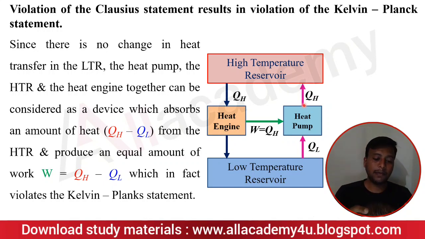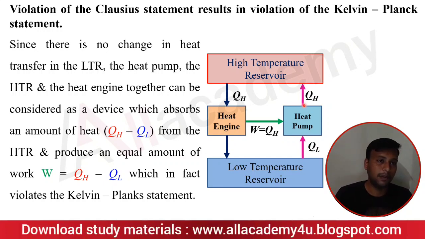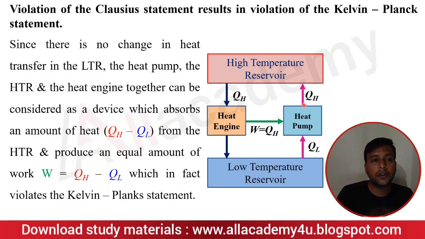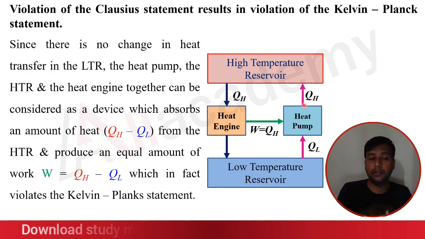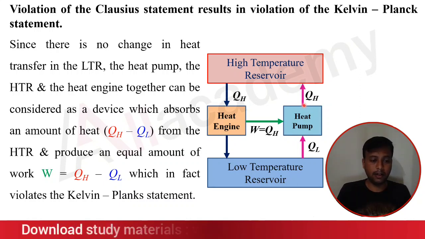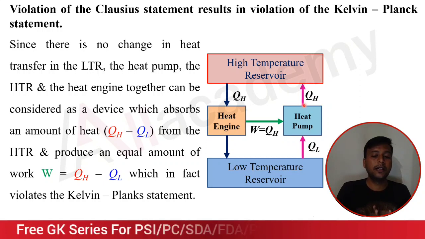In the examination, definitely these questions are framed. If the question asks you to show the equivalence of the Kelvin-Planck and Clausius statements, you have to explain both conditions: the violation of the Kelvin-Planck statement violates the Clausius statement, and the violation of the Clausius statement results in the violation of the Kelvin-Planck statement.